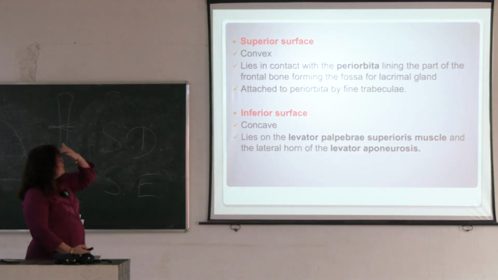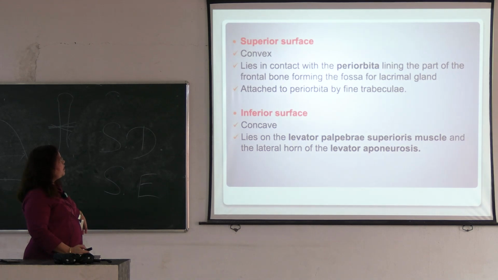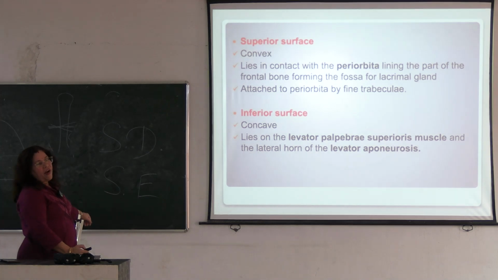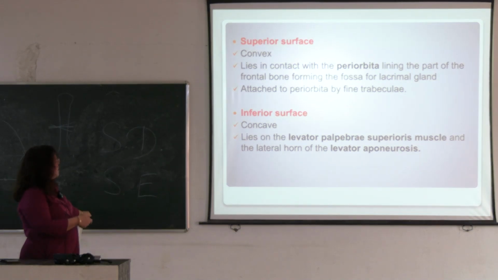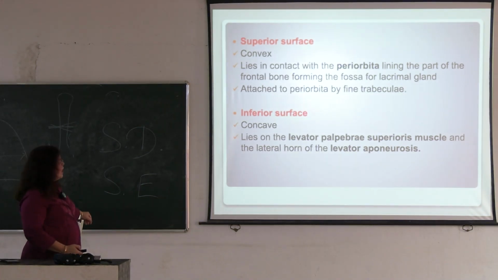So superior surface is convex. It lies in contact with the periorbita, lining the part of the frontal bone and forming the fossa of the lacrimal gland, and is attached to the periorbita by fine trabeculae.